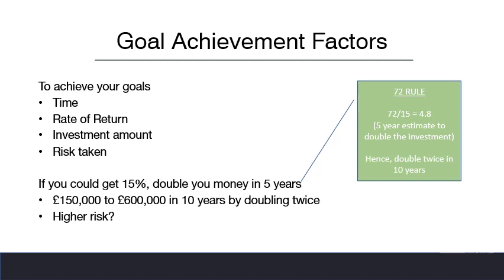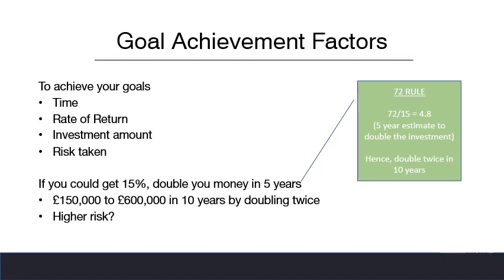Because the 72 rule says 72 divided by 15, which is the interest rate, equals 4.8. Again, this is an estimate, so 5 years is the estimate to double the investment.